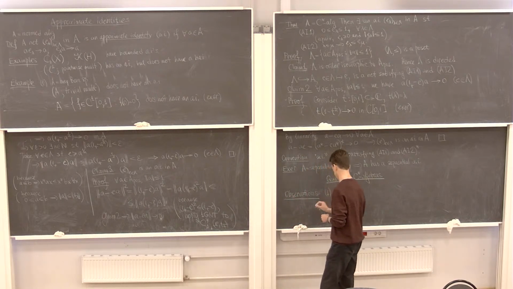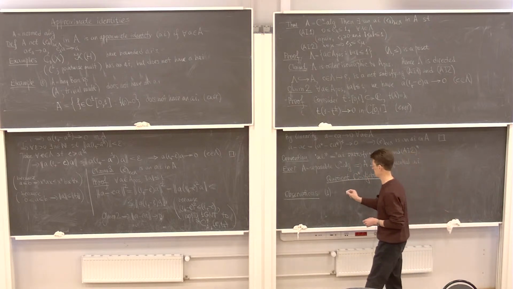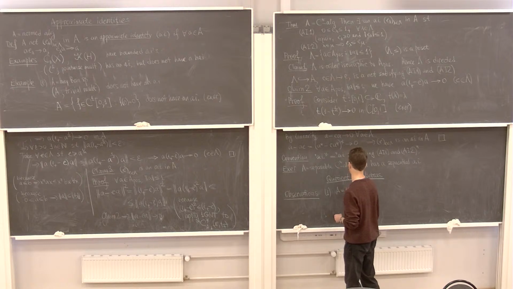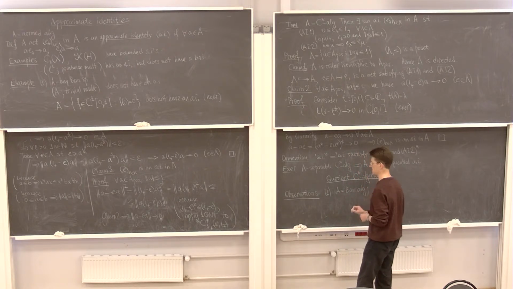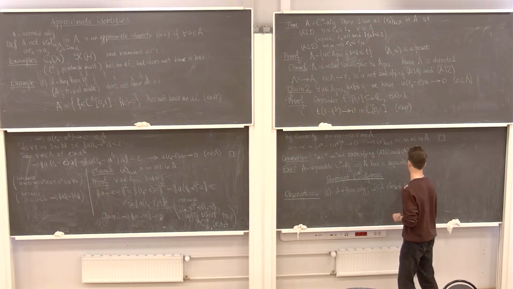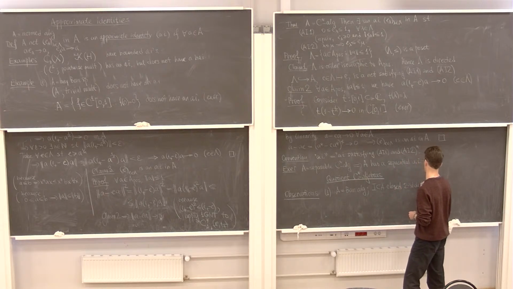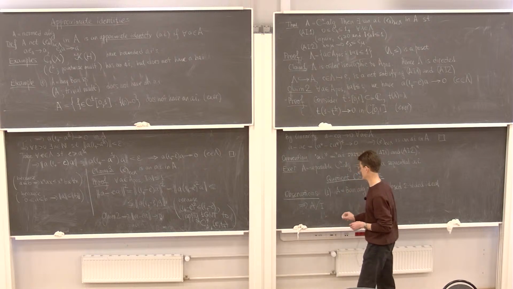First of all, some time ago, we have already observed that if A is a Banach algebra and I is a closed two-sided ideal in A, then the quotient of A modulo I is also a Banach algebra.